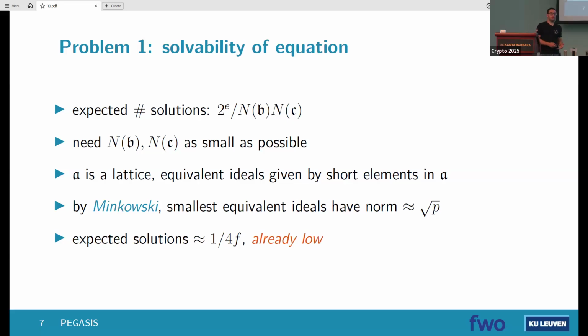First of all, the solvability of the norm equation. The number of expected solutions for that equation is roughly 2 to the E over the norm of B times the norm of C. So it is clear that we want those two norms to be as small as possible.